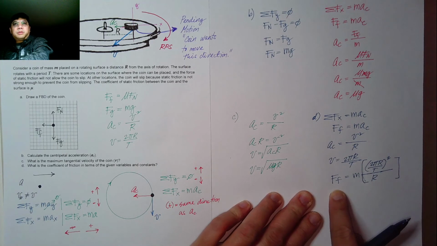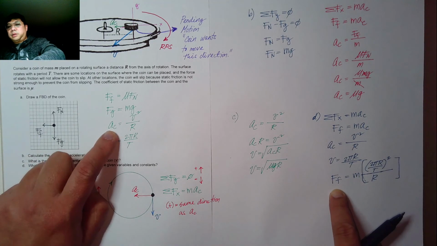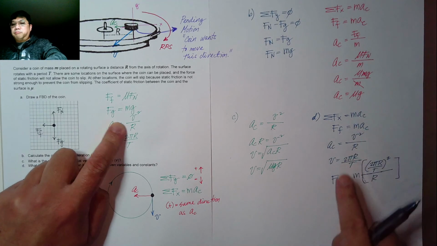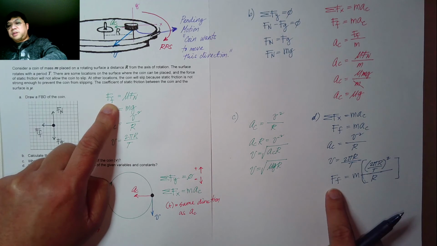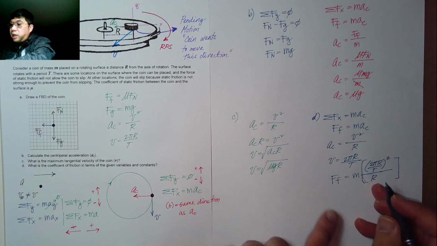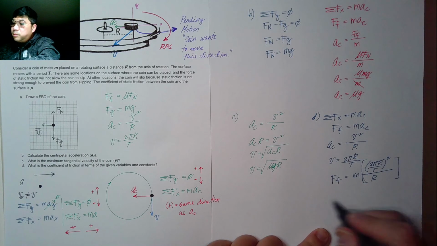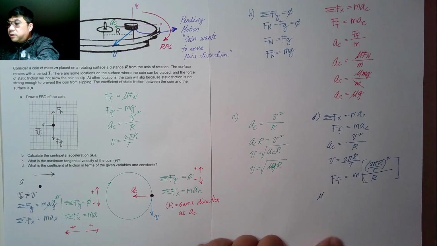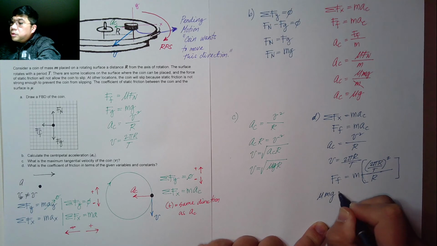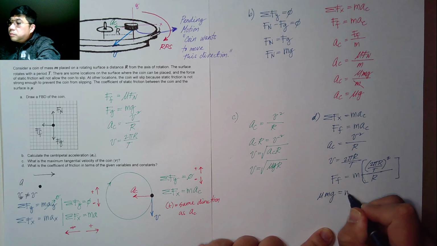And we also know that force of friction is mu times Fn, which is right here. But Fn is also mg, as we used in the previous solution. So we can change our force of friction, which is mu, or coefficient of friction, multiplied by m and g, is equivalent to m.